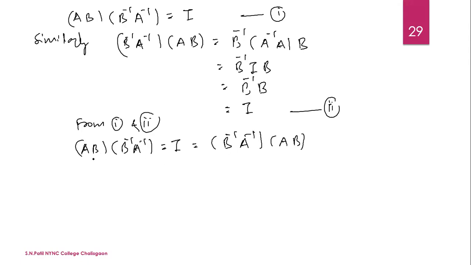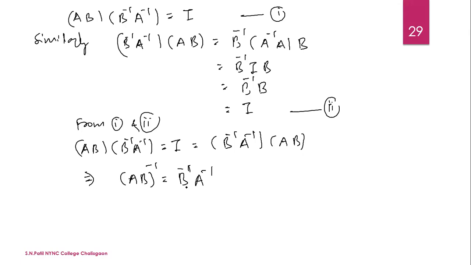So consider the first relation, AB into B inverse A inverse is equal to identity matrix. Now pre-multiplying by (AB) inverse, we get (AB) inverse is equal to B inverse into A inverse. If we consider the other relation, then post-multiplying by (AB) inverse, we get the same.